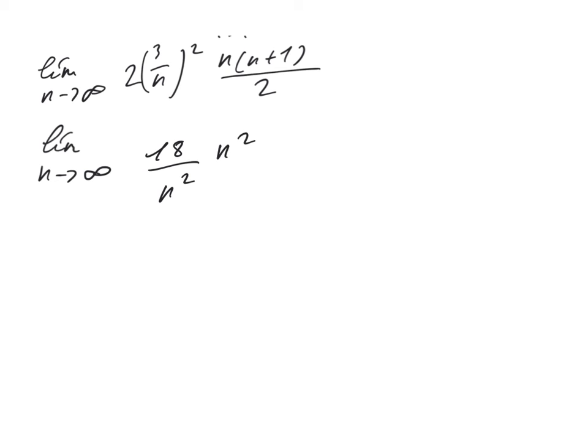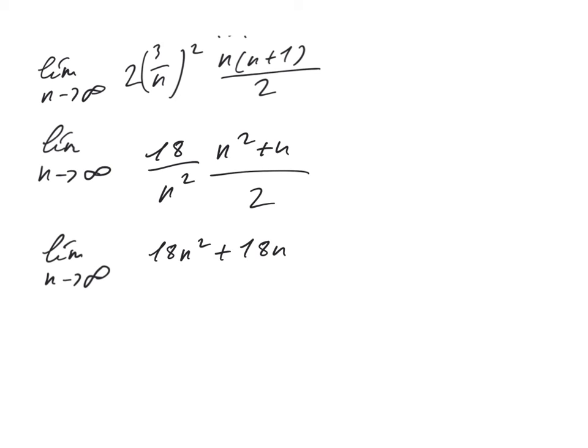So it's going to be n squared plus n over 2. So this just becomes 18n squared plus 18n over 2n squared.